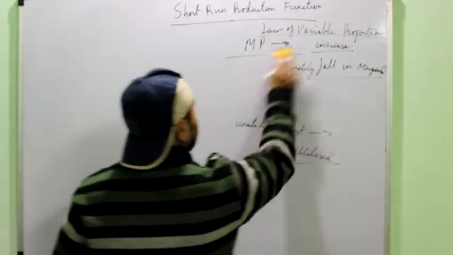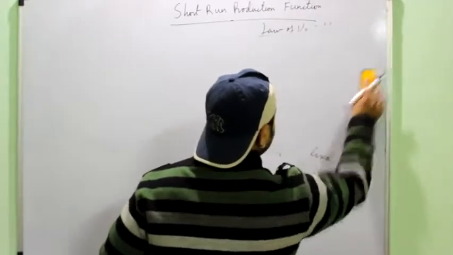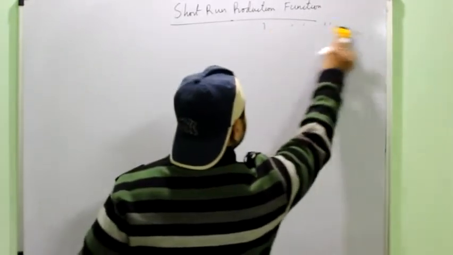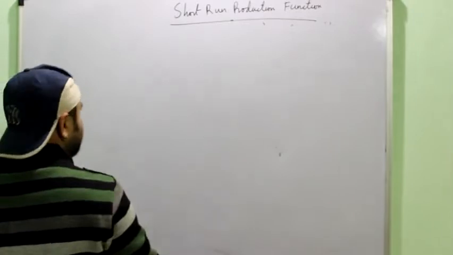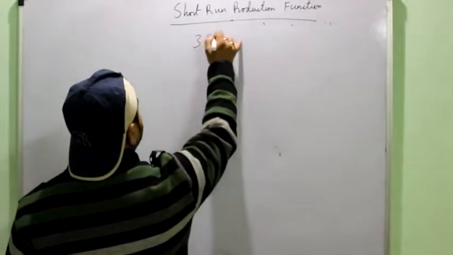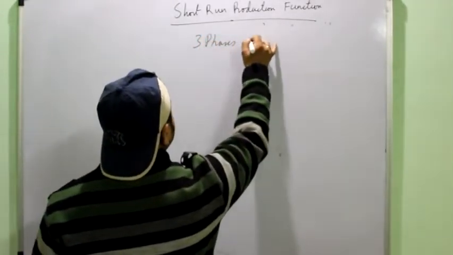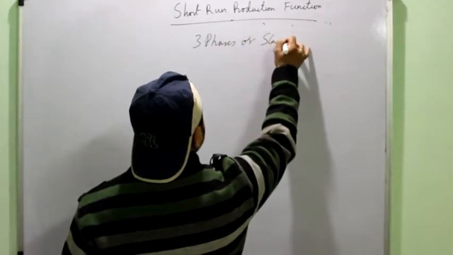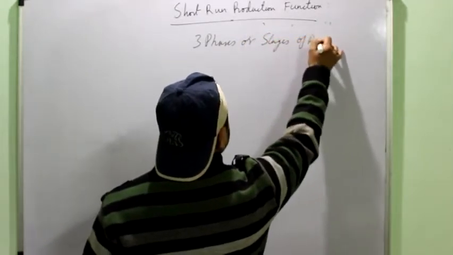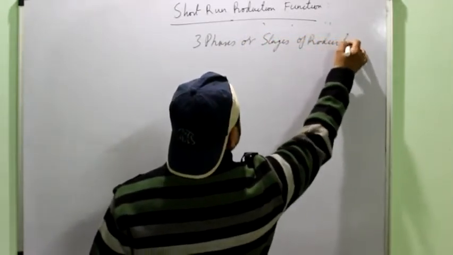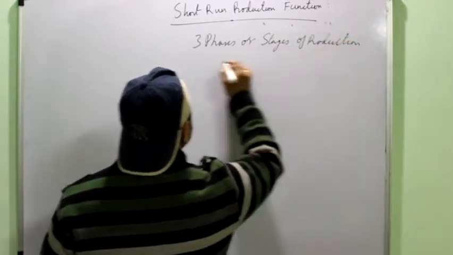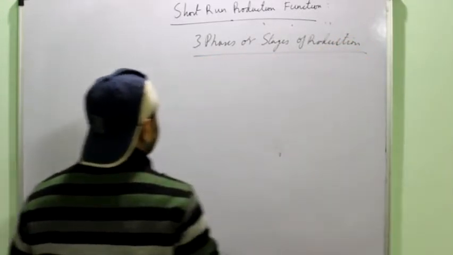Now based on this same concept, we have the 3 phases of production. Every production unit will go through 3 phases or 3 stages of production. Again, very important concept, very important topic.